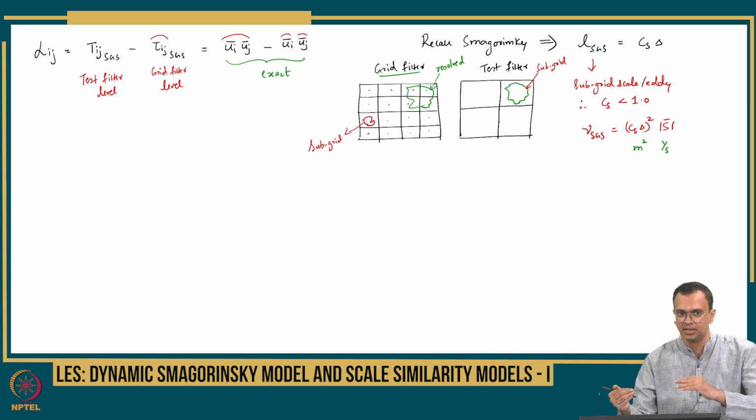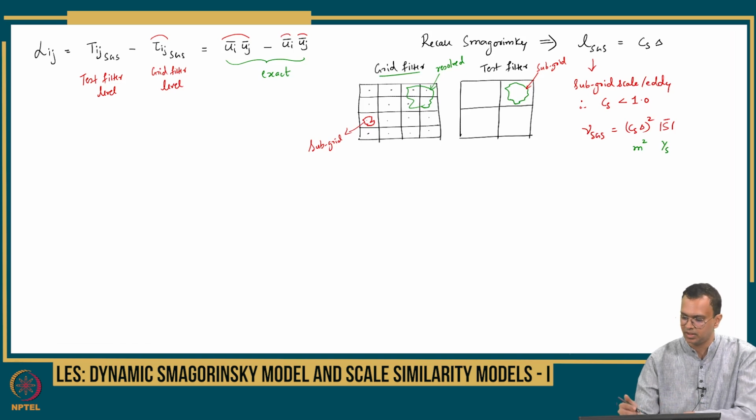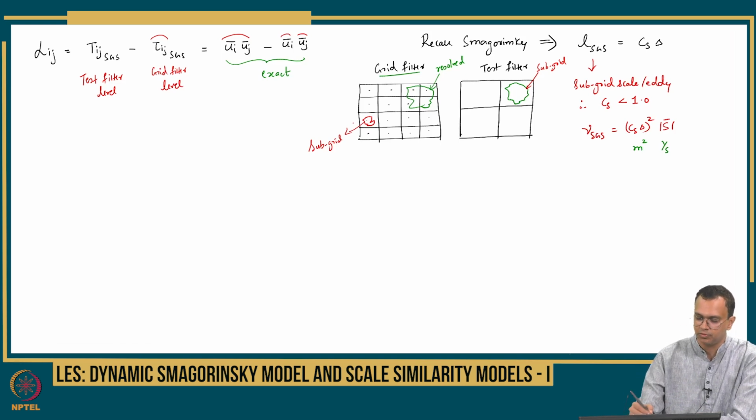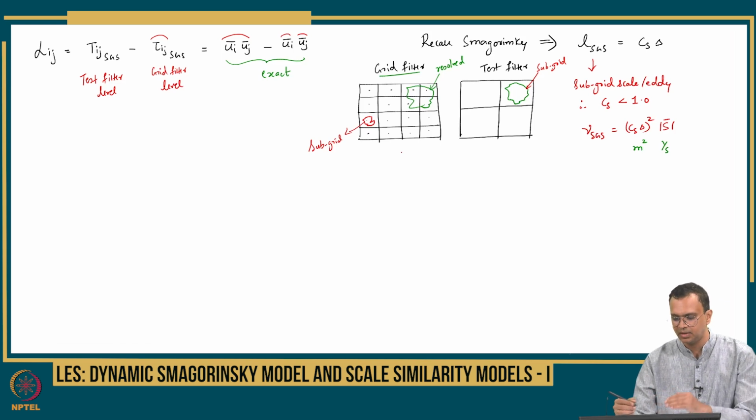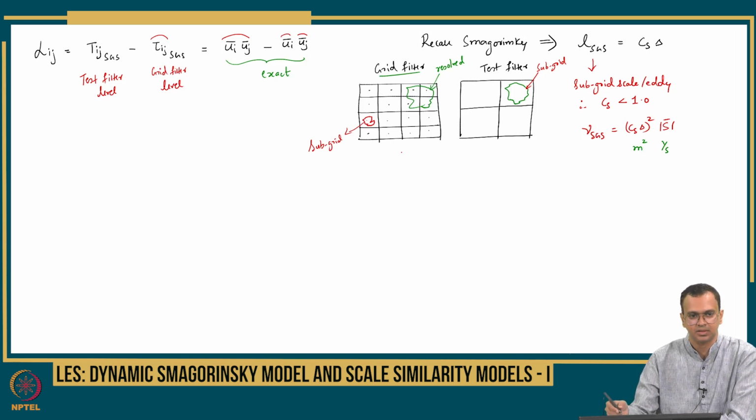We are not going, let us say, one level down. That you can do in LES convergence tests. You can reduce the mesh, instead of this 4 by 4 you can do 8 by 8 or 12 by 12 and so on. But at any grid filter level, I am going one level up to find out what is the SGS contribution, and using this I estimate the CS.